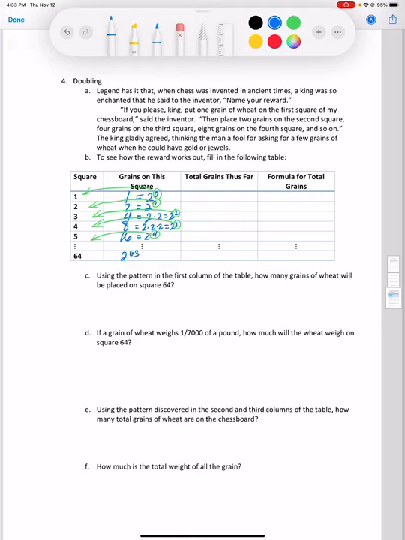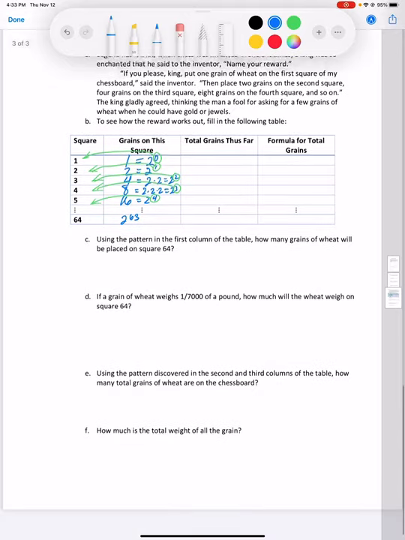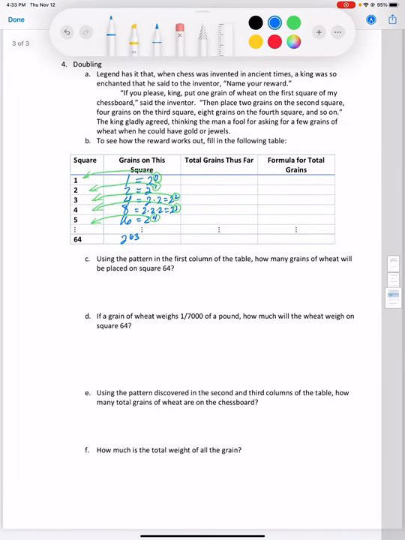Okay. And so let's see how much that is. In part C, using the pattern in the first column of the table, how many grains of wheat will be placed on square 64? Let's go ahead and find out what 2 to the 63rd power is. When we find 2 to the 63rd power, we get 9 times 10 to the 18th grains.